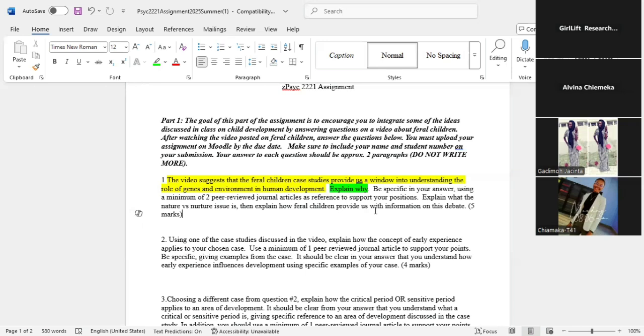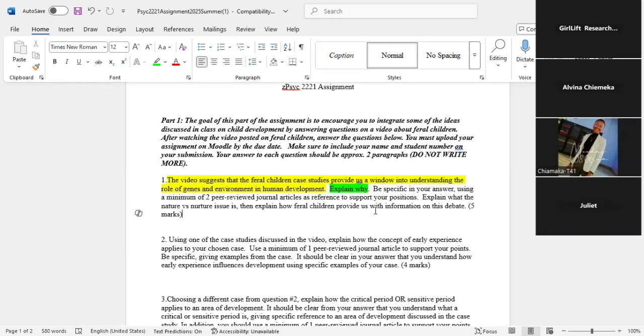Now the video, just to give us an insight, feral children are children that didn't grow up in the right social environment. Perhaps they didn't have parents to take care of them, and as a result, they grew up without care, with animals. Some of them grew up with dogs and they behave like dogs. Some of them have been in isolation. The whole video is all about that.